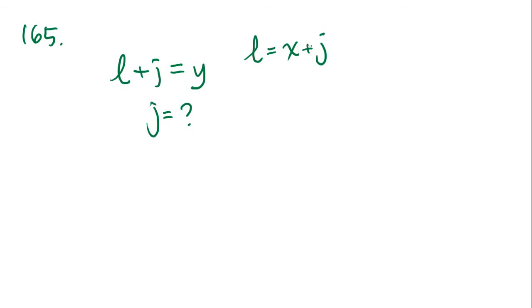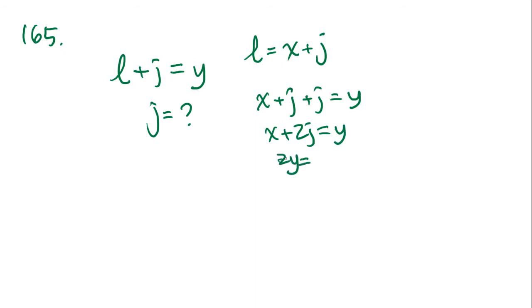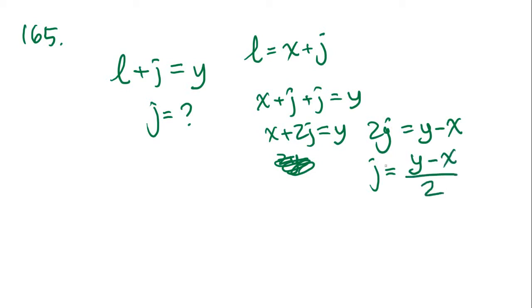So what we can do is plug this in to get X plus J plus J equals Y. X plus 2J equals Y. 2J equals Y minus X. J equals Y minus X over 2. And that gives us what J is. Is that one of the answer choices? Y minus X over 2. That is. That's answer A.